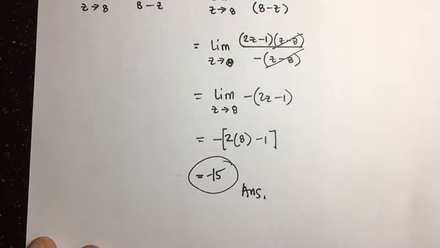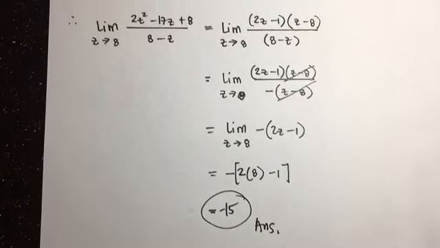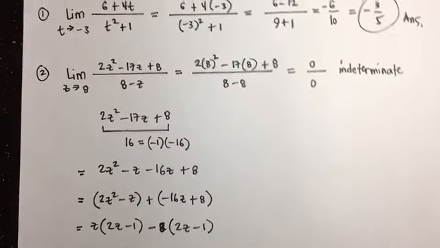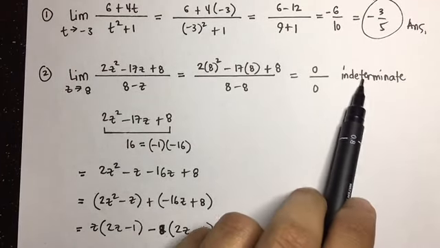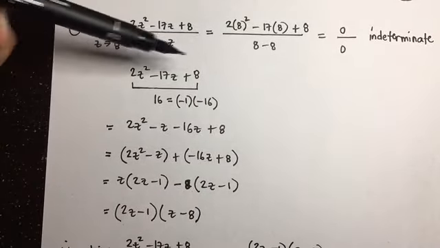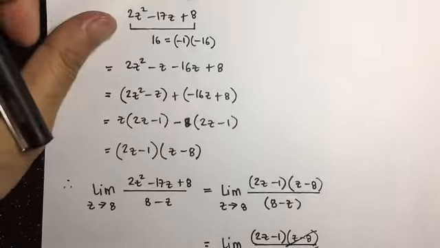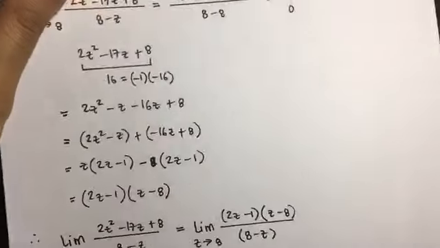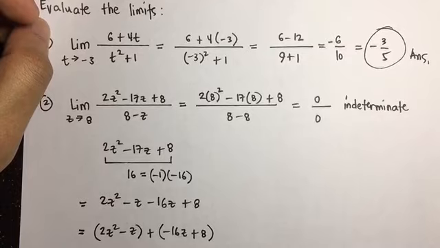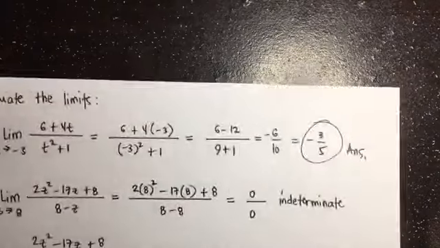So we shouldn't jump directly to the conclusion that the limit is indeterminate. We see first if we can still simplify the function so that we can obtain a value for the limit. Now let's have another example, a third example.